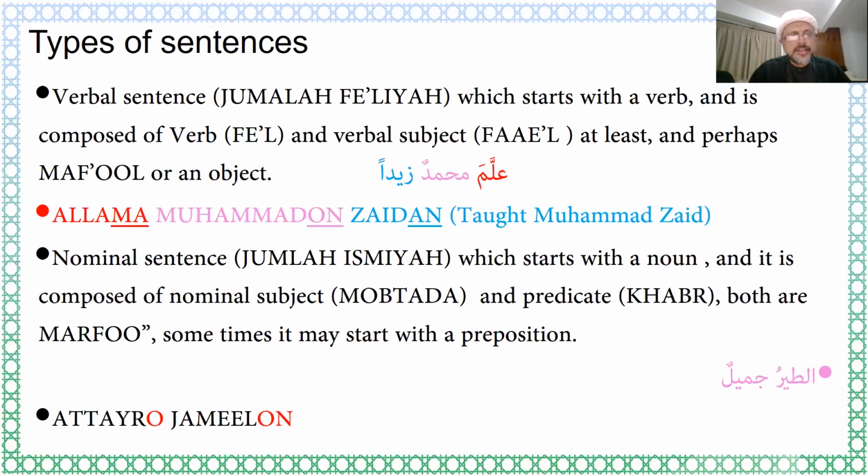Like in English, in Swedish, in most of the languages, they start with a noun, and this pattern of Arabic sentence is like any other language. This, however, is odd.